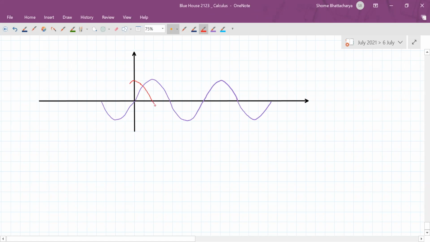It's the same shape, but it is just shifted. They have this very interesting relationship. This is the cos x graph. This is the sin x graph.